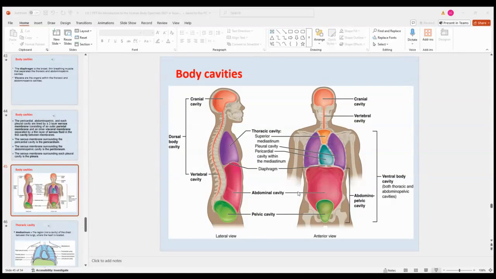The abdominopelvic cavity is surrounded by the peritoneum. Again, two membranes. The inner one is the visceral peritoneum, and the outer one is the parietal peritoneum. Shown here again.